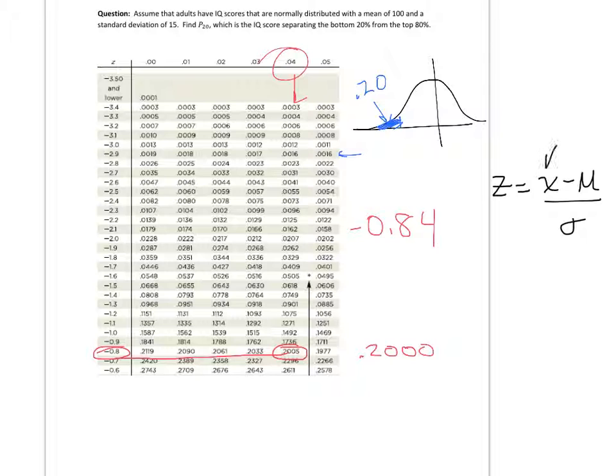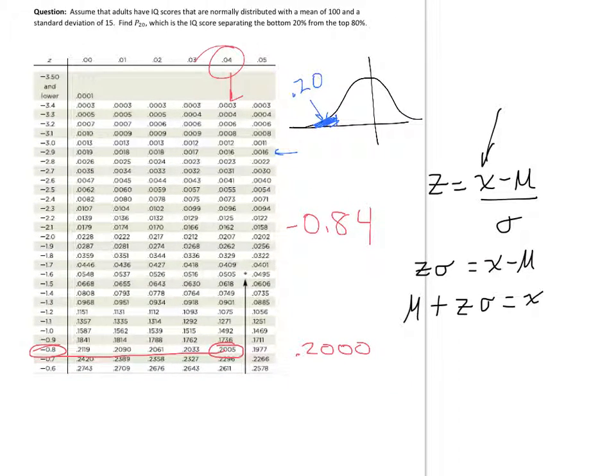I can solve this for x by multiplying both sides by sigma, and then adding mu to both sides. And this gives me this in terms of x.